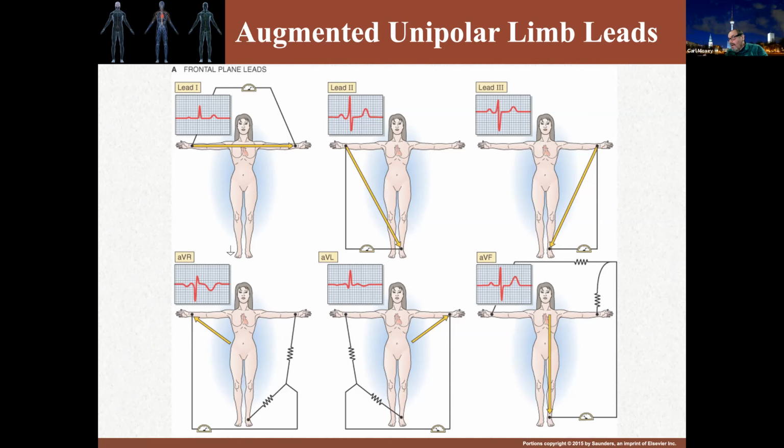This is called augmented vector right, or AVR. And you notice the direction of the current here. So the positive terminal is on the right arm. If we move the positive terminal to the left arm and now connect up right arm and left leg, we have what we call AVL. And if we switch it so that our positive terminal is on the left leg and hook up as the negative portion right arm, left arm, we have what we call AVF.